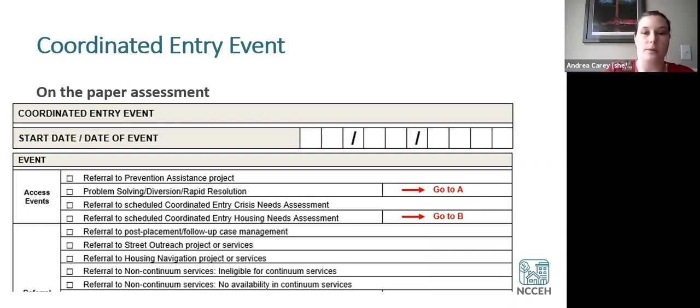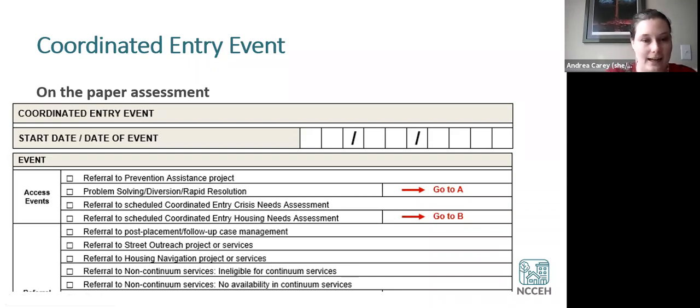Whether those are immediate crisis needs or housing needs, but maybe if you don't conduct that yourself, then you can record that referral to schedule that assessment. If you're just doing the assessment right then, you wouldn't need to record that as an event. You would record the assessment itself, right? So this is only as applicable.